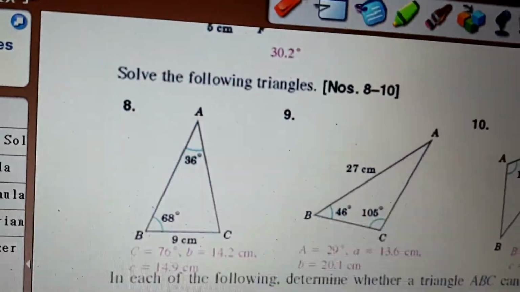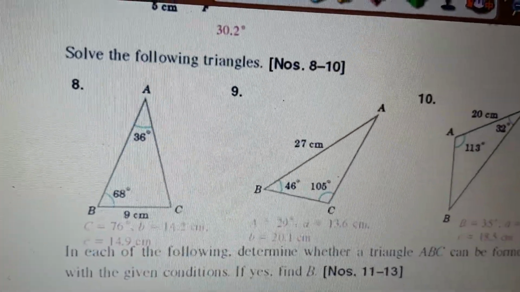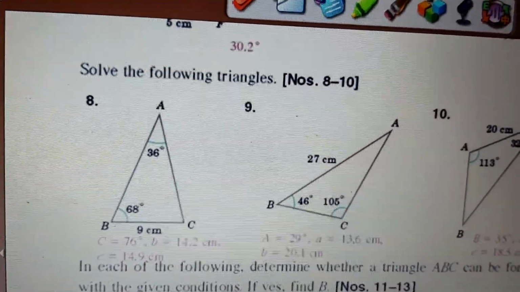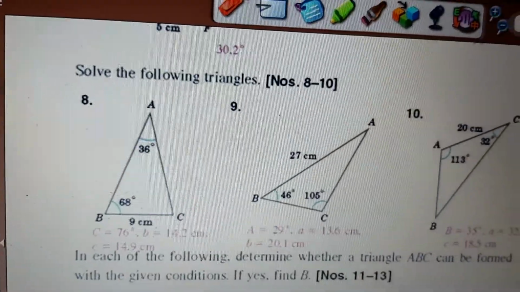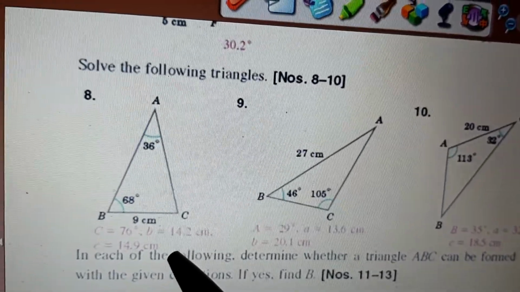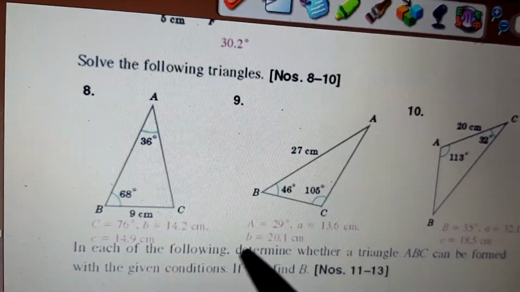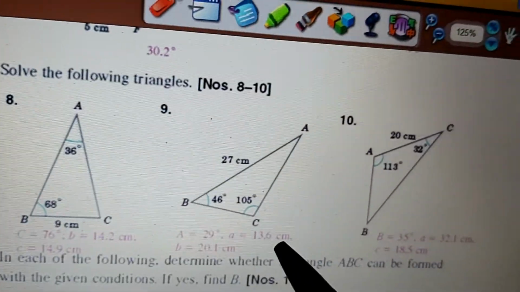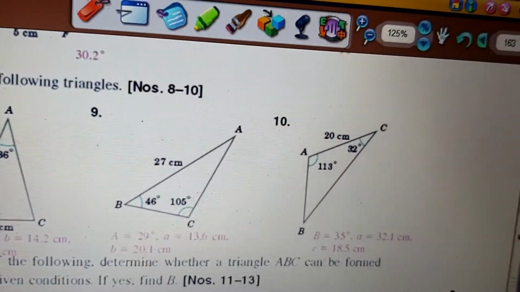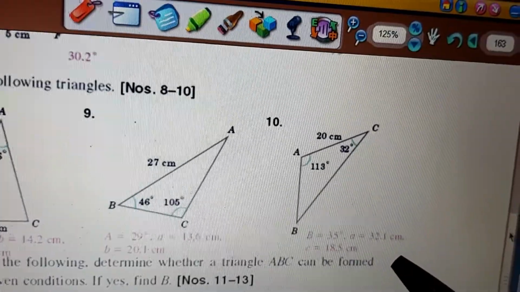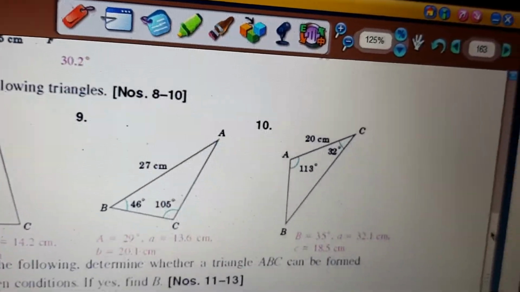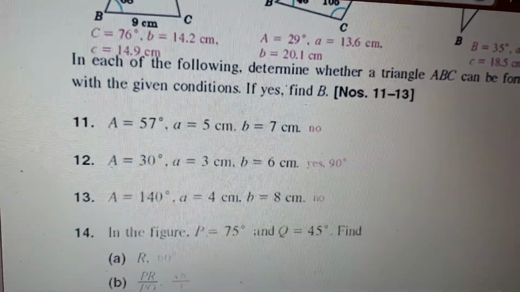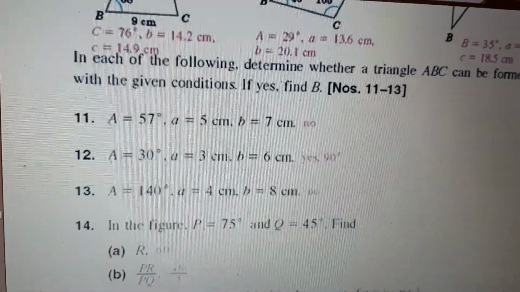Okay, so you can check yourself. I won't read it. Okay, question 8, question 9, question 10, and then questions 11 to 14.